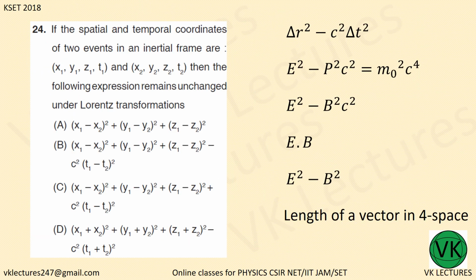If the spatial and temporal coordinates of two events in an inertial frame are x1, y1, z1, t1, and in the next frame x2, y2, z2, and t2, then which of the following expressions remains unchanged under Lorentz transformation?